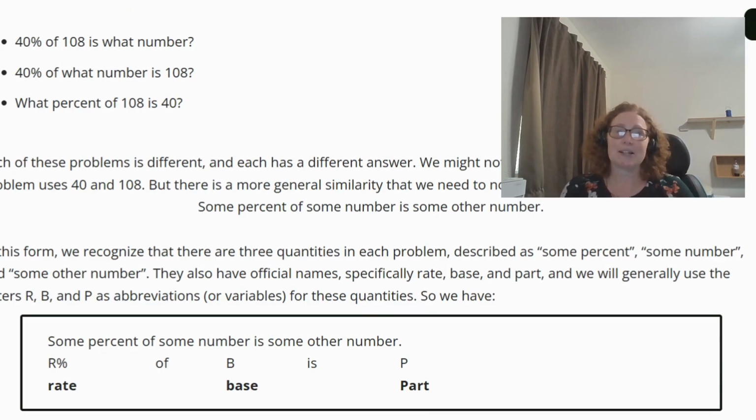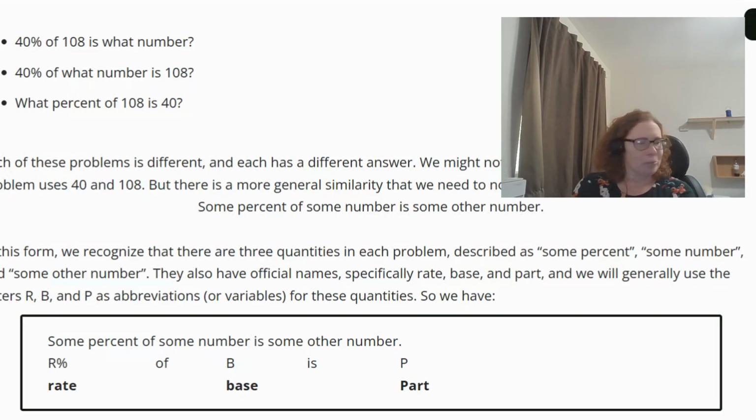So we recognize that there are 3 quantities in each problem. There's some percent, there's some number, and there's some other number. Rate, base, and part is really what they are. We're looking at R, P, and B, and we can set up formulas based on that.